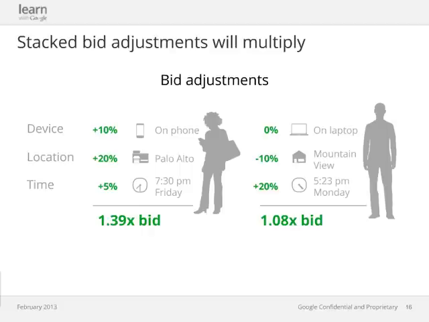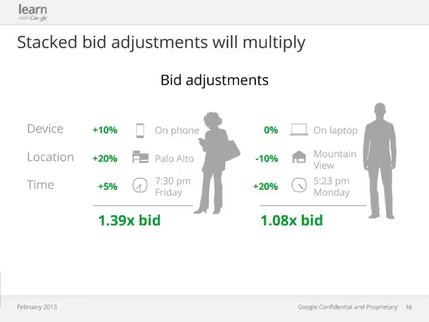So I want to pay 5% more for a user at 7:30 p.m. on a Friday. So essentially, you get 1.39 times your desktop bid, right? The math of this is actually pretty simple. You just need to add to 1 or subtract from 1 for all of these. So for example, on the device level, let's say I have a $1 bid.